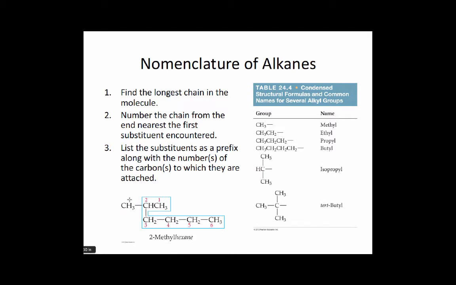This CH3 group, a methyl group because it has 1 carbon, is a substituent, and we want the substituents to have the lowest possible numbers. And methyl, ethyl, propyl, butyl, isopropyl, and tert-butyl are the substituents that you should be familiar with in terms of naming.